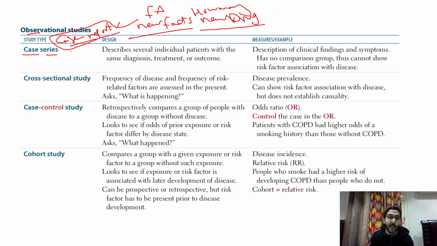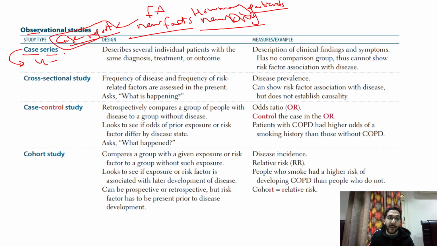The difference between case report and case series is how many patients you have. A case report is a small number, like one, two, three. A case series is more than that, from four and above. And what you do in these two study types is just reporting, mere reporting, nothing more.